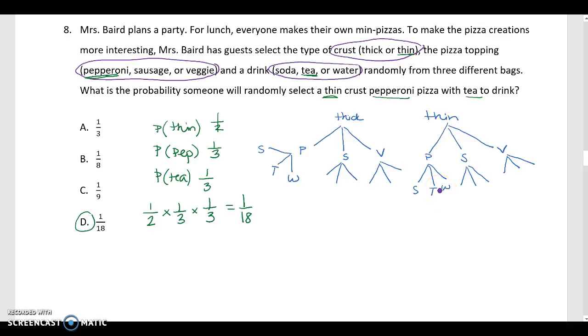So they're saying that they wanted thin pizza with pepperoni and tea. So remember, the biggest part of the tree is your number of outcomes. So 1, 2, 3, up to 18. And we only circled one of the 18. So again, same answer, two different ways of going about it.